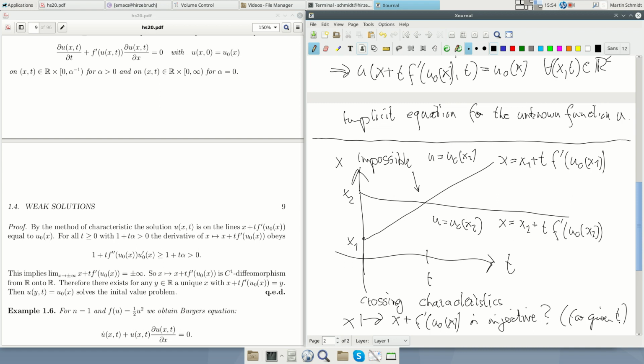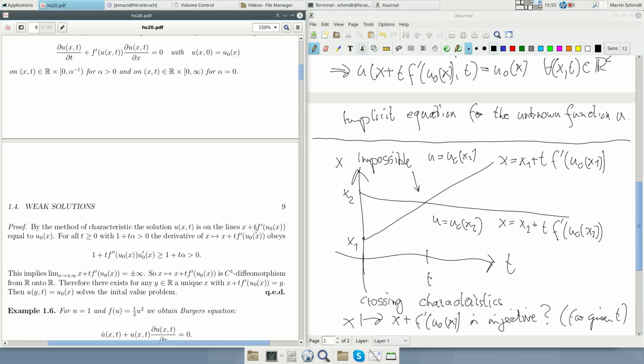As long as this is the case, we know that for such t we don't have crossing of characteristics. Now, what is the tool by which we decide whether a function is injective? This is a real function depending on one real variable, so clearly monotonicity. So the question is, does the derivative have a definite sign?